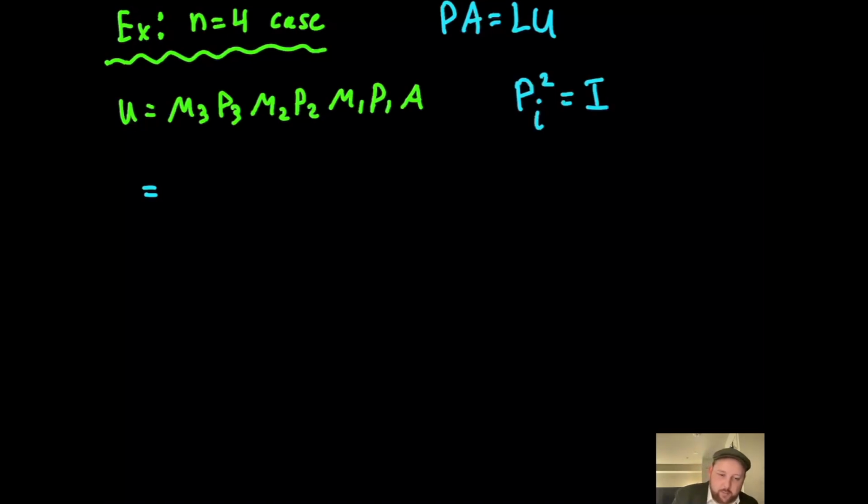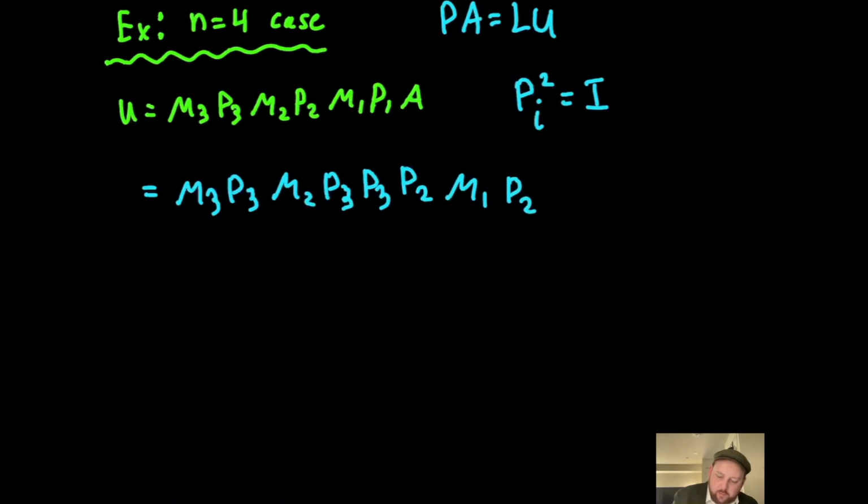So I'm going to write that this is equal to M3 P3 M2 P3 P3 P2 M1 P2 P3 P3 P2 P1 A.